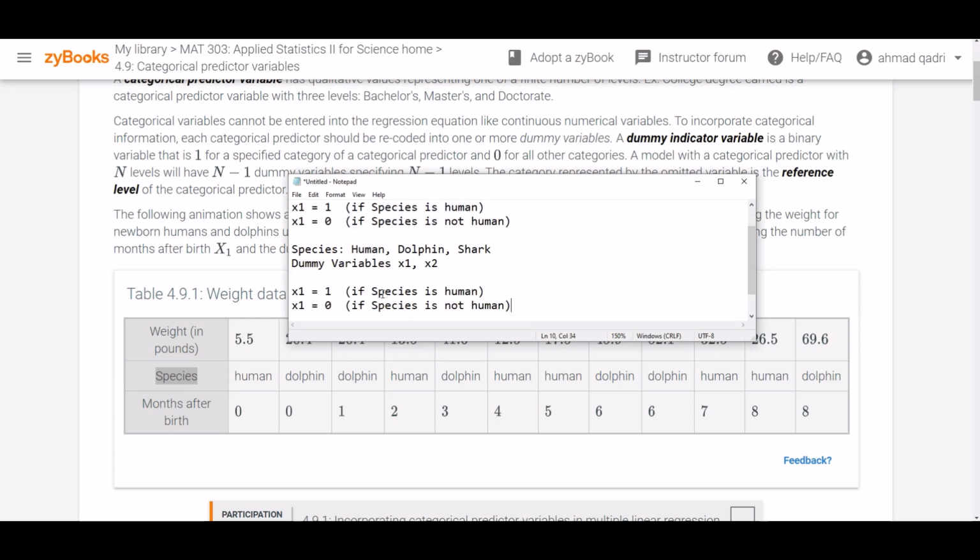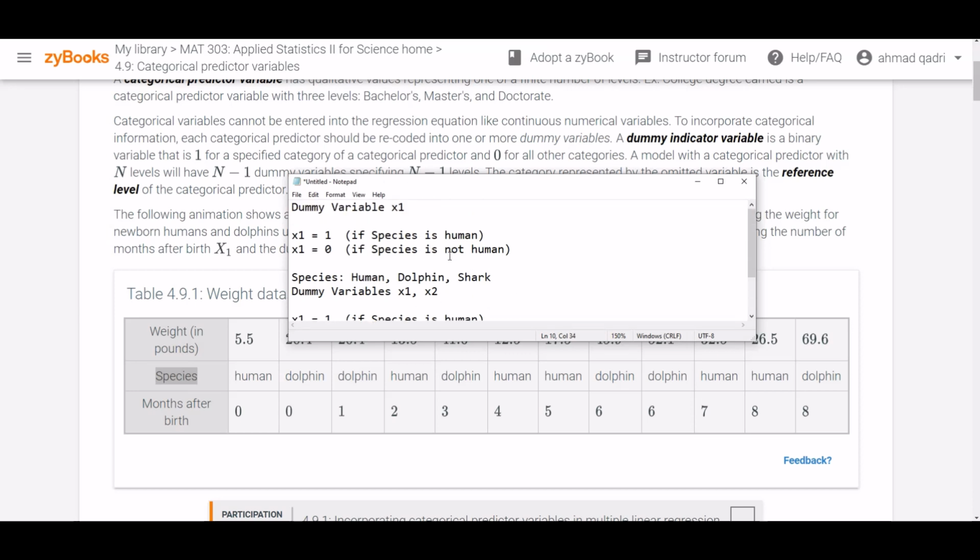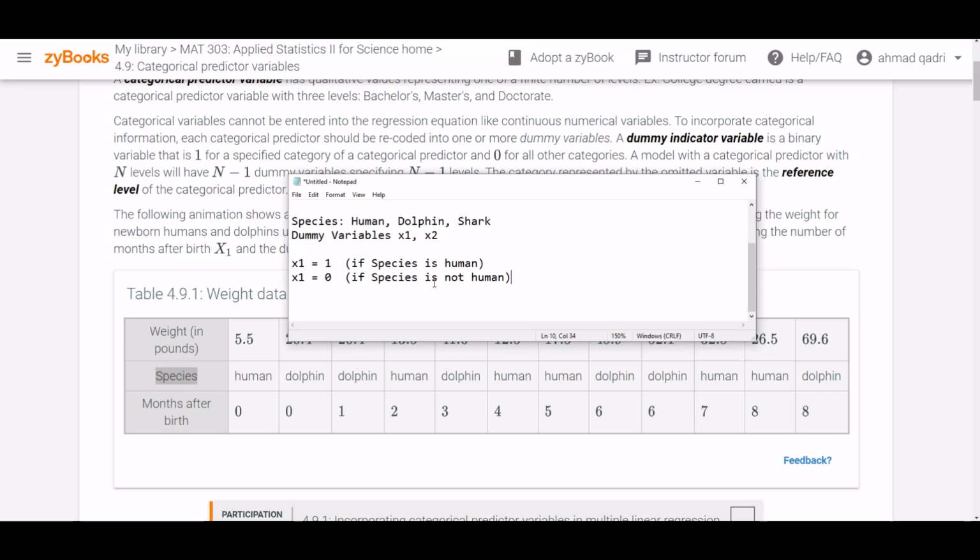X1 equals 1 if species is human, or 0 if species is not human. Now, it's important to realize here that not human in this case means it could be a dolphin or a shark. In the previous example, when we just had two levels, not human just meant dolphin, and that was enough to represent all of the levels of the categorical variable. This time it's not enough, so we need that second variable.